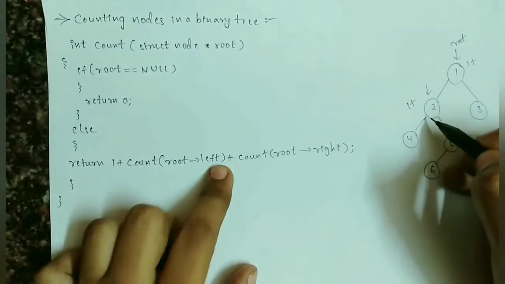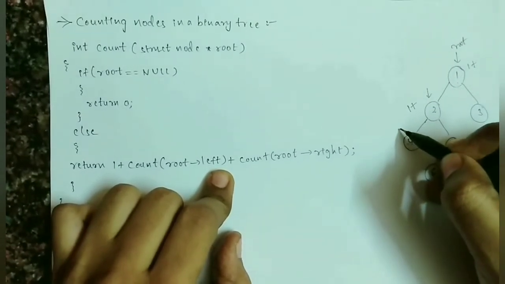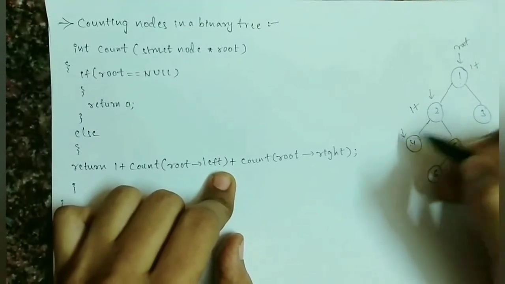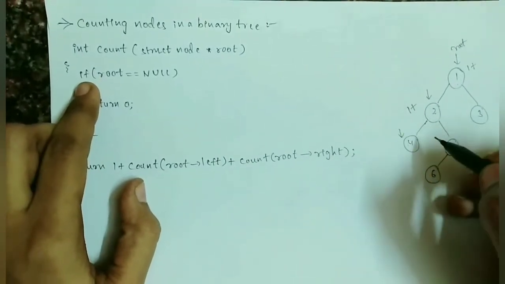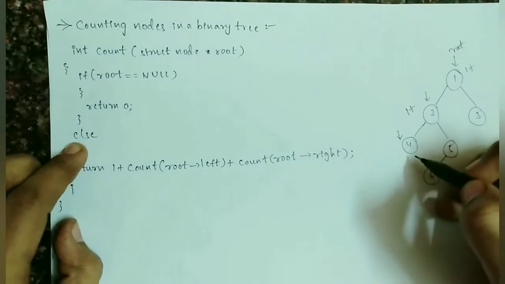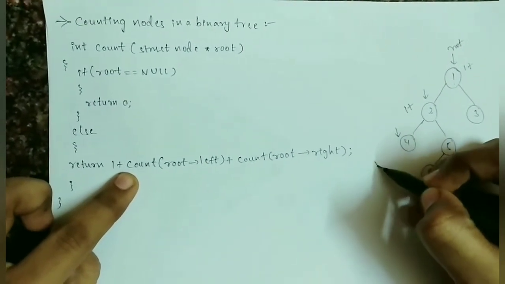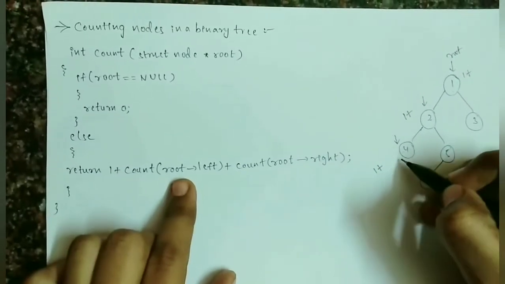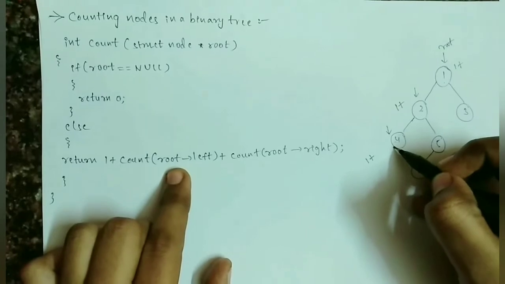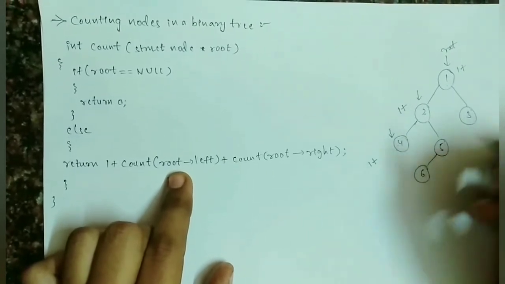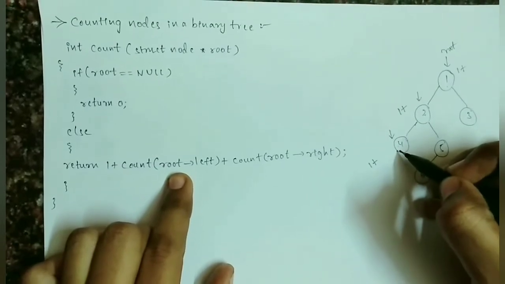Now the pointer points to node 4, so the if condition becomes false and it goes to the else part and returns a value, including itself, add 1, and its left subtree. It doesn't have any child, so take it as null.